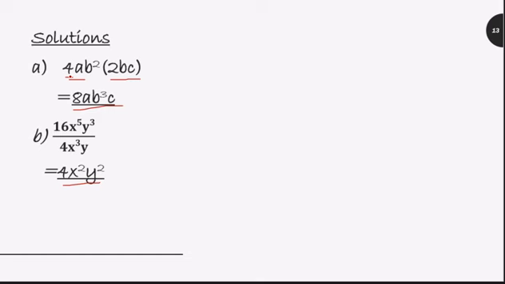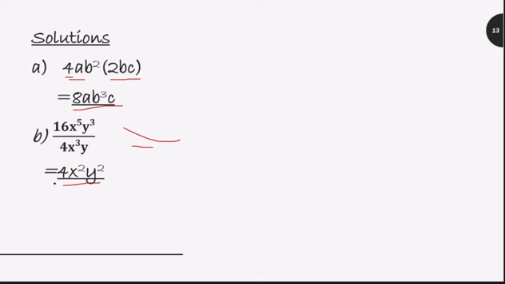Then here, what is happening? How do we get this one? It involves cancelling. You cancel this, and here you remain with y squared, and you cancel x to the power 3. Here you remain with x to the power 2.